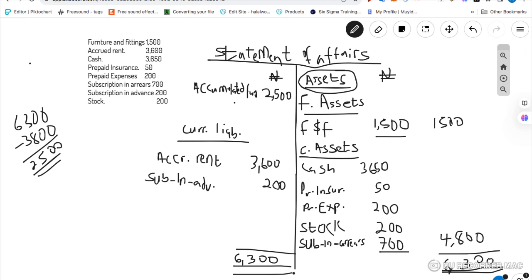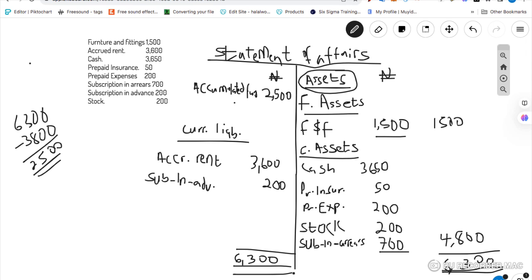All you need to understand is that for you to be able to prepare financial accounting records, you need to have a very good foundation in the preparation of accounts. You need to also understand the various principles and concepts, such as the double entry concept. You need to understand the matching concept.